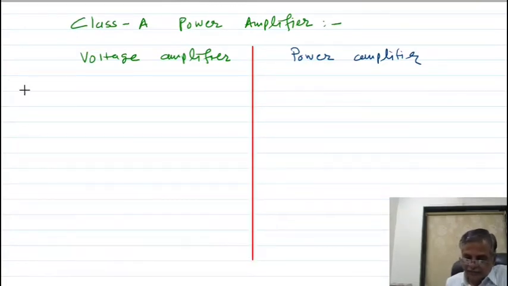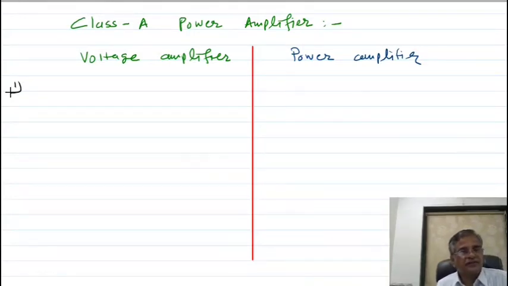See, first, voltage amplifier is always operated in a class A mode.